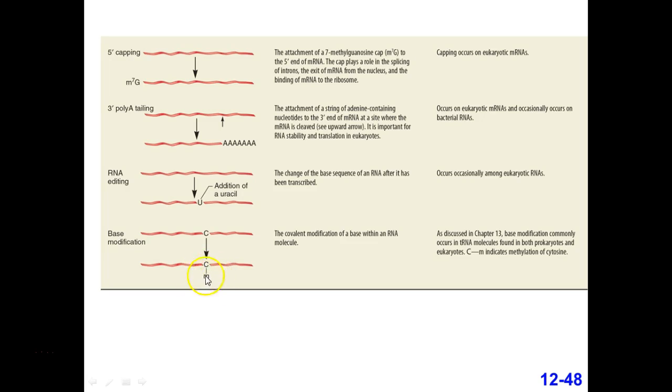One of the modifications we looked at before is adding methyl groups. And so this does happen in prokaryotes. But eukaryotes usually methylate the cytosines specifically.